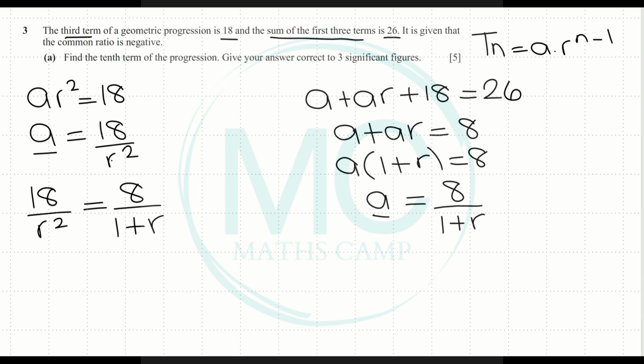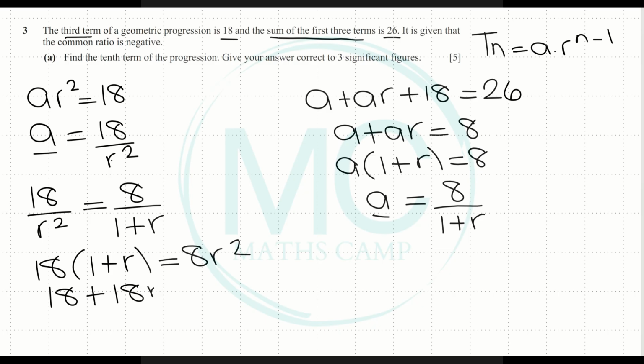Let's multiply our denominators out. We get 18 multiplied by 1 plus r is equal to 8r squared. Expand the bracket, 18 plus 18r is equal to 8r squared.